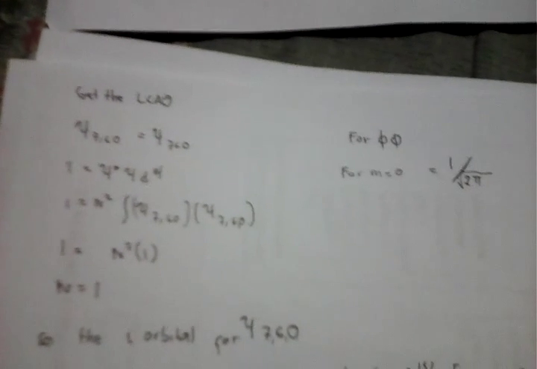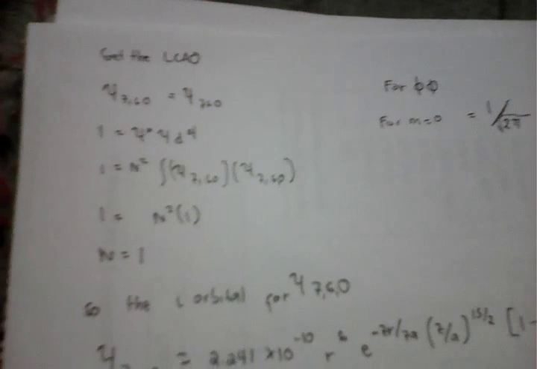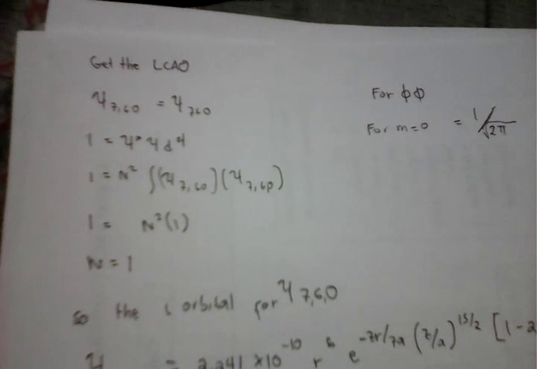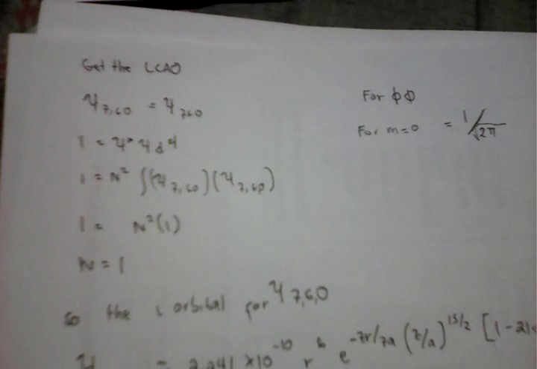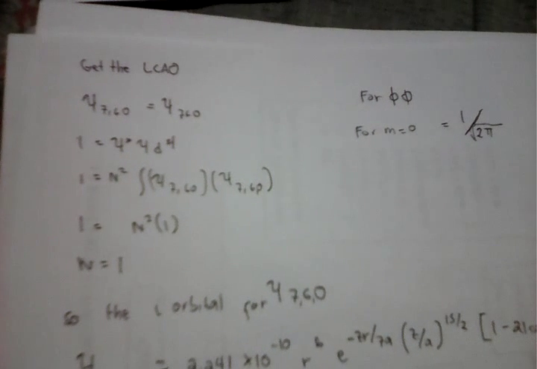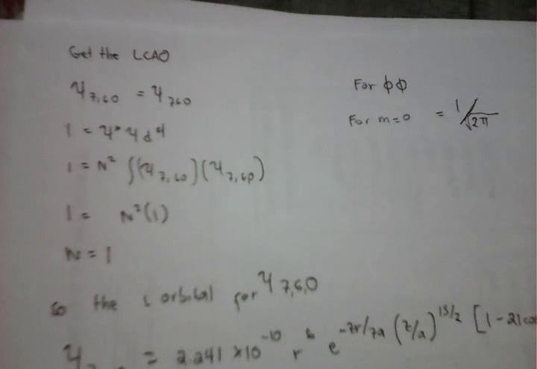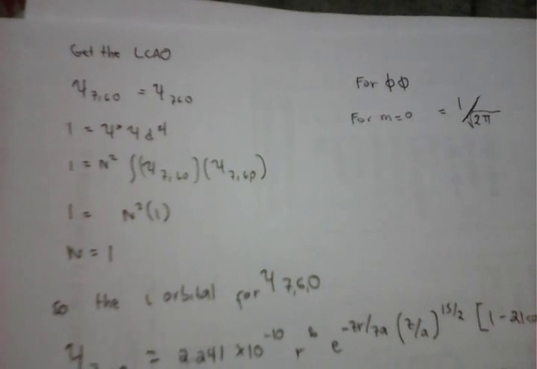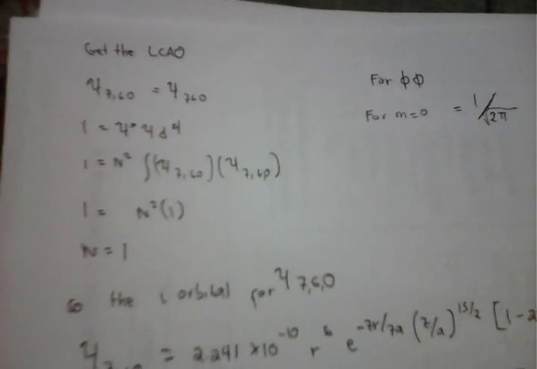So that LCOW is psi 760 equal to psi 760. So use the normalized it 1 equal to psi star psi d psi 1 minus n squared, the integral of psi 760 times psi 760. So same psi is equal to 1. 1 equals n squared times 1. So the n is equal to 1.